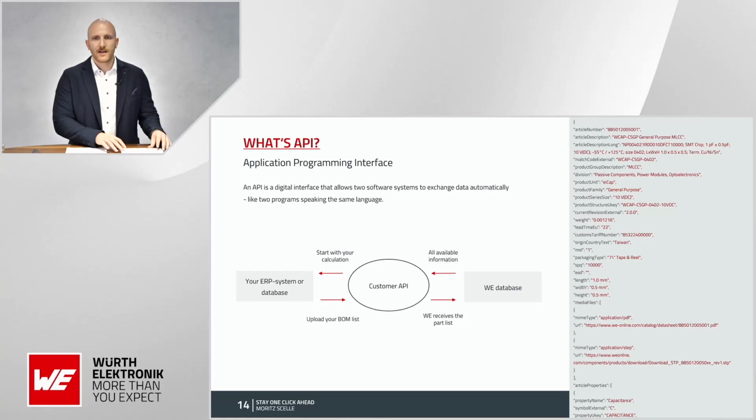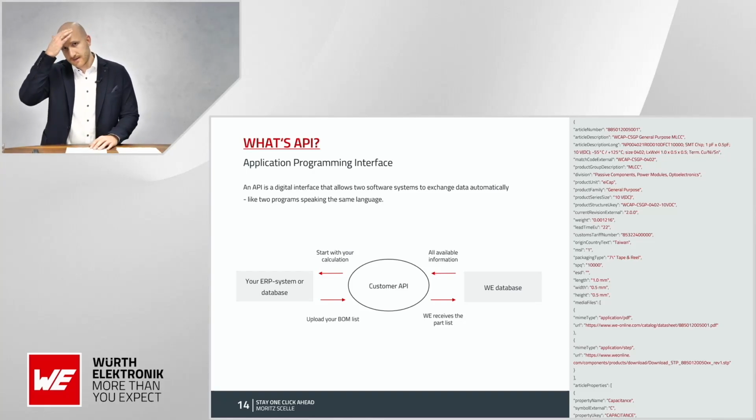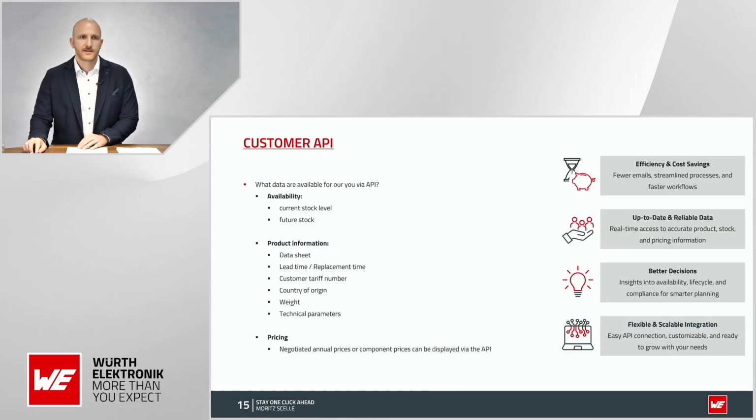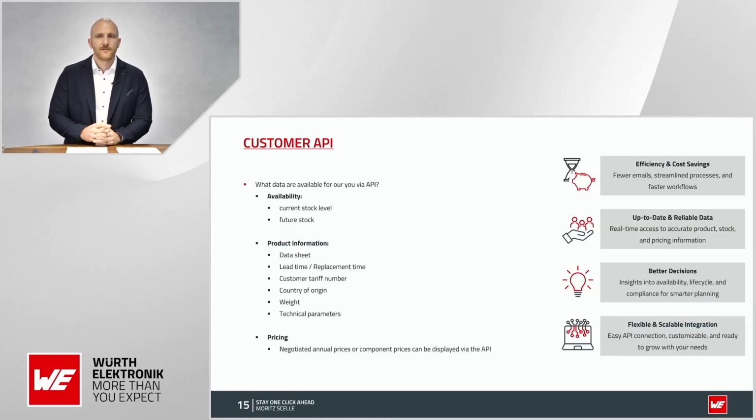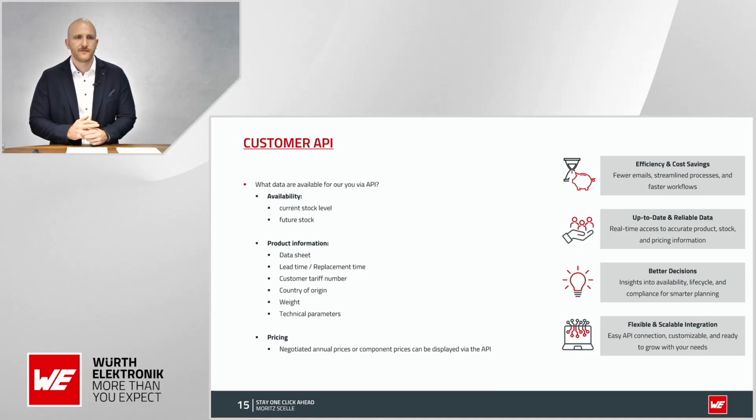On the right side you can see how this looks in JSON form, so that you get a feeling for how much data we are speaking about. It's quite a lot. We have all of our article information in there, but also, for example, the current stock level, future stock level, datasheet information, and we also have negotiated annual prices or component prices in the API.